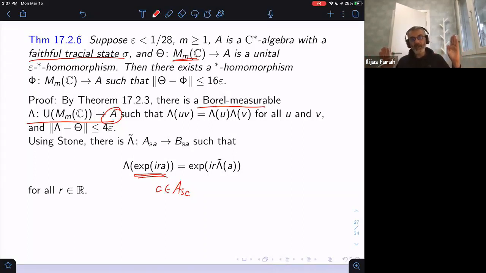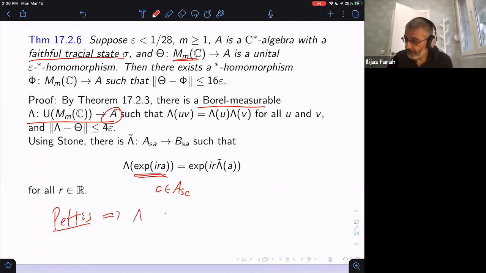I have lambda, which is a Borel measurable homomorphism between the unitary group of M_m matrices and the unitary group of A. The unitary group of A is separable. It's a Polish group with respect to norm. And there is a beautiful theorem, well, easy but beautiful, theorem of Pettis, which states that if you have a Borel measurable, or even weaker, homomorphism between Polish groups, it is automatically continuous. So by Pettis theorem, we have that lambda is continuous.